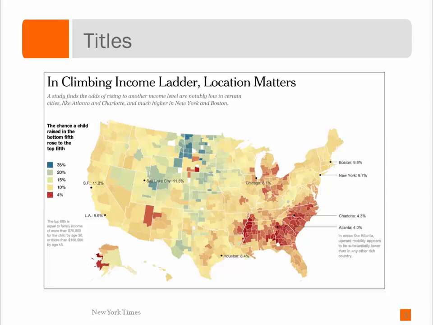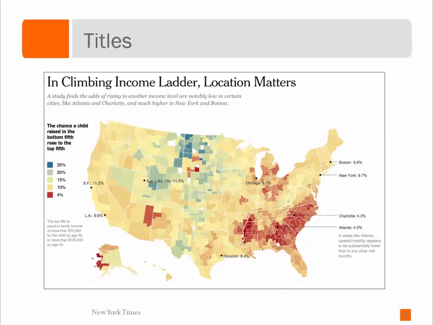And what they're defining here, this overall map on the left-hand side, is a probability map by county: the chance that a child raised in the bottom fifth rose to the top fifth.